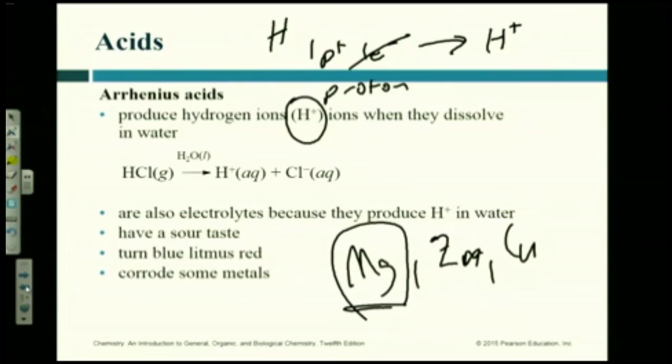Did it do anything? It did a little bit of something. It bubbled, little tiny bubbles probably, right? It didn't go very fast. What happened when you added copper to the acid? Didn't do anything. Okay? So most metals react with acids, but it's not a universal truth, right?